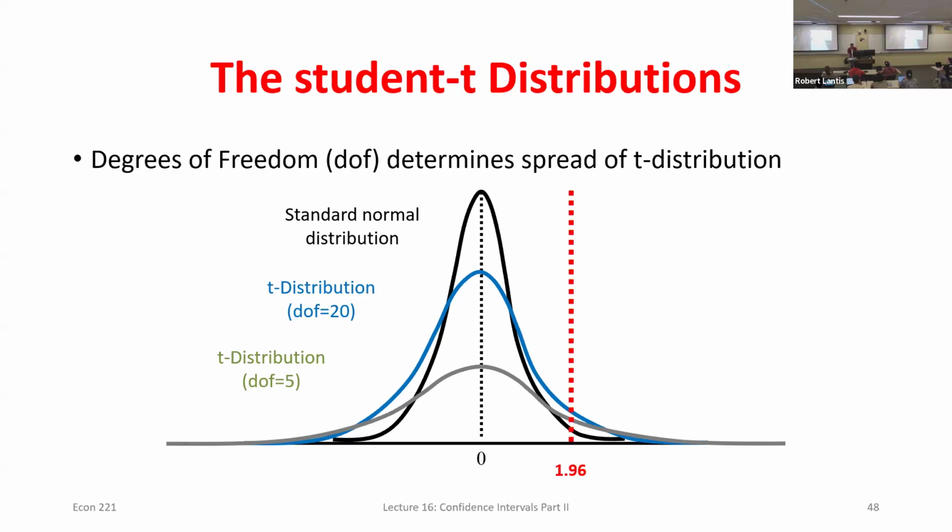Notice if I was looking at my standard normal and plotting these on the same graph, I think 1.96, if I looked that up in the z table, if I remember right, should give me 0.025 to the right of that value. Well, notice if my student t distribution is more spread out, if I keep using that same z value, what's the probability from that student t distribution that I see something 1.96 standard deviations above the mean or anything greater? That probability is going to be what?